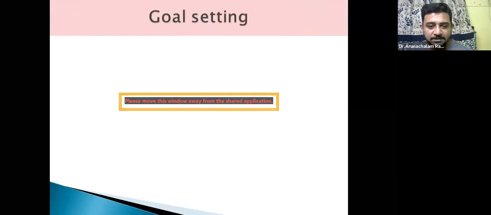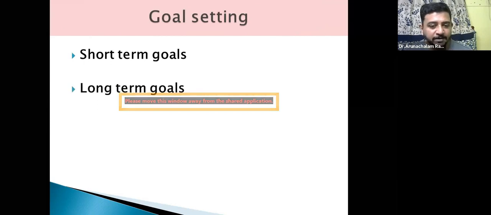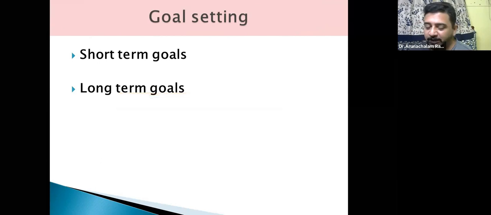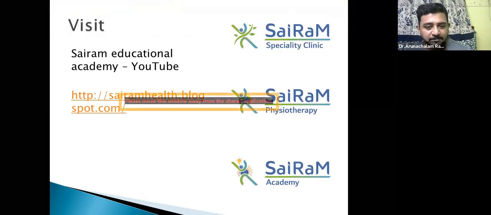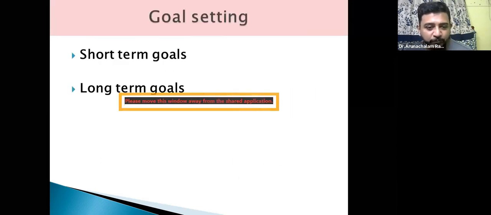After the problem list, devise the goal setting, divide it into short-term and long-term goals. This, according to me, only has conventional value, but sometimes it helps people. I don't prioritize short-term and long-term goals in the case of a neurological condition where you don't know the prognosis of the patient.